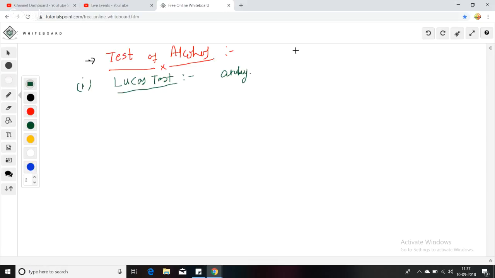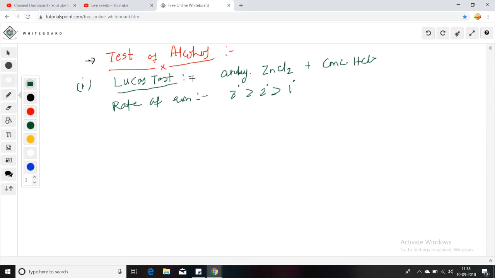So anhydrous ZnCl2 plus concentrated HCl, this is Lucas reagent. The rate of reaction in this, as we have done in the previous reaction, for 3 degree it is maximum, then 2 degree, and then 1 degree. But the rate of reaction is not important as far as the test is concerned.